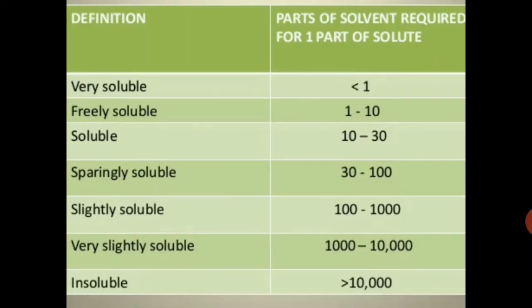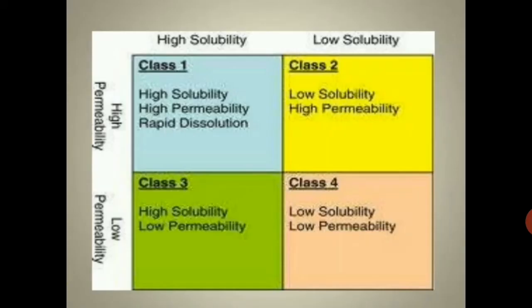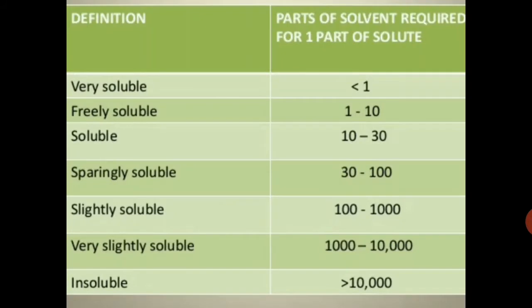For very soluble substances, the parts of solvent required for one part of solute is less than 1. Freely soluble is 1 to 10, for soluble substances the range is 10 to 30, and for sparingly soluble substances the range is 30 to 100 parts of solvent required for one part of solute.